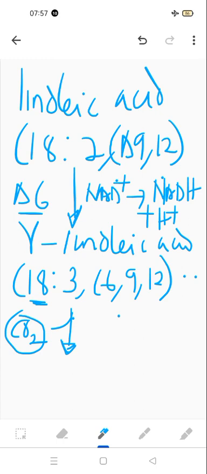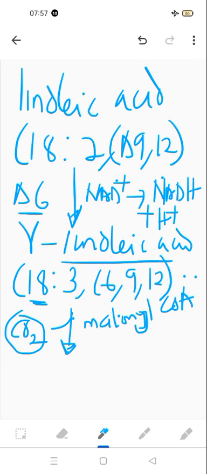So malonyl-CoA reacts with our gamma linoleic acid. It incorporates 2 carbons into the 18 carbon gamma linoleic acid. So 2 plus 18 gives 20.